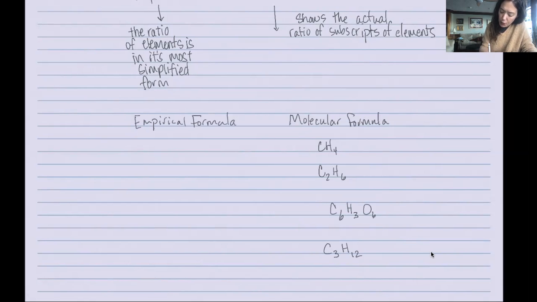So for CH4, the empirical formula is the molecular formula. For C2H6, I see that both subscripts can be divided by 2, therefore they can be simplified, and the simpler version would be CH3. For the next one, I see that both subscripts could be divided by 3, right? That gives us an empirical formula of C2H2.